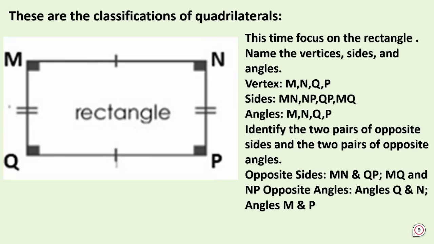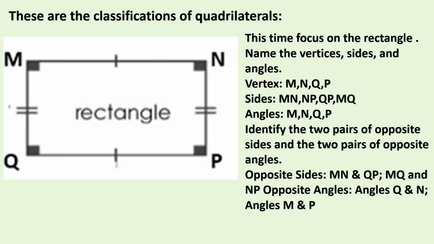This time, focus on the rectangle. Name the vertices, sides, and angles. So the vertices are M, N, Q, P. Sides, so we have here line MN, line NP, line QP, and line MQ. The angles: angle M, angle N, angle Q, and angle P. Identify the two pairs of opposite sides and the two pairs of opposite angles.